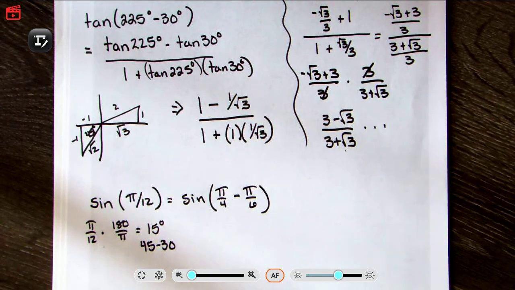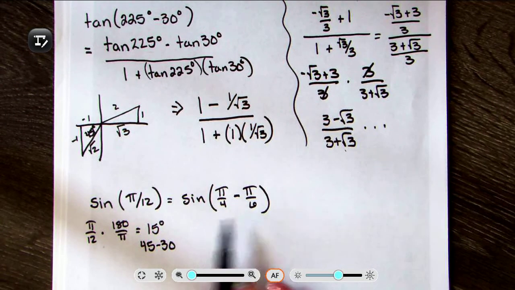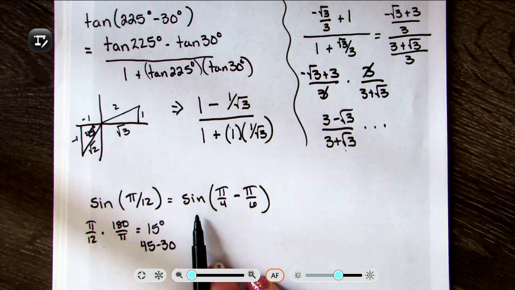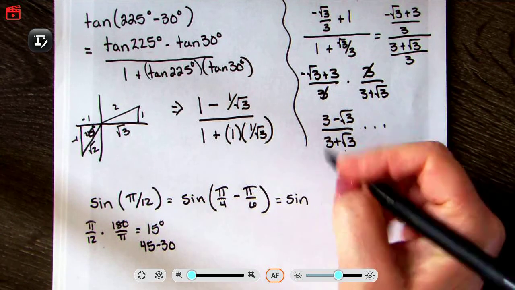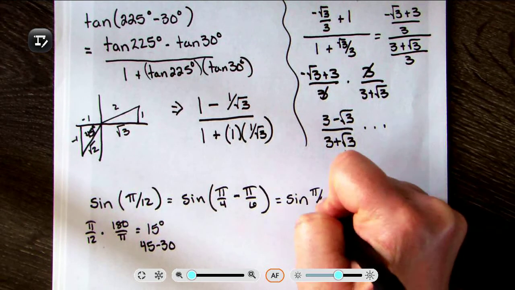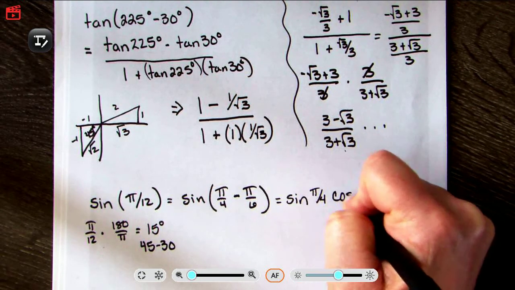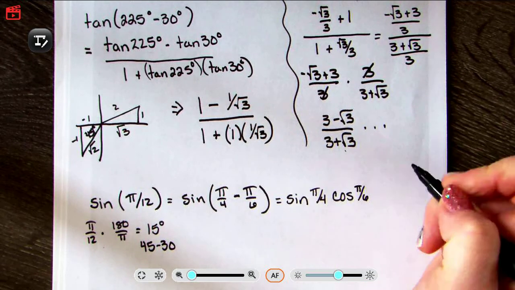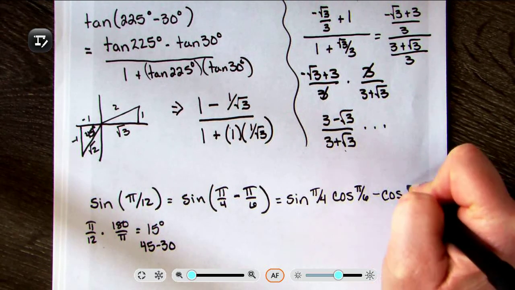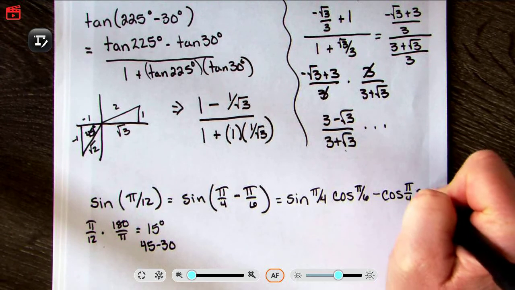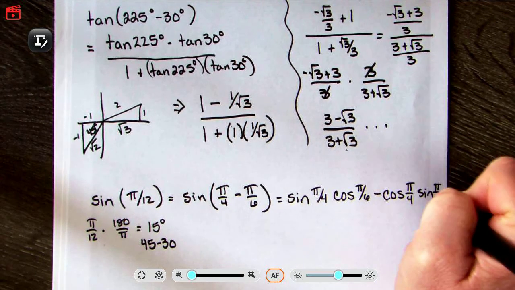Now I have the difference, and we're doing a sine, so the sine of the difference is going to be the sine of the first angle times the cosine of the second angle, minus the cosine of the first angle times the sine of the second angle.